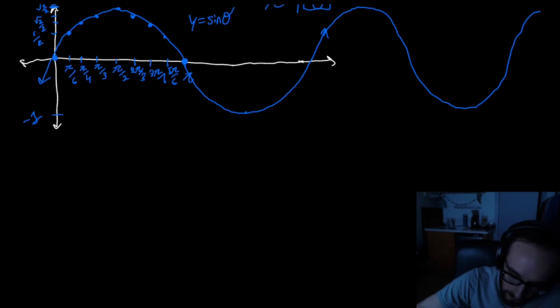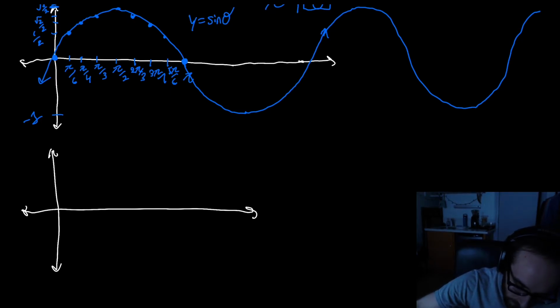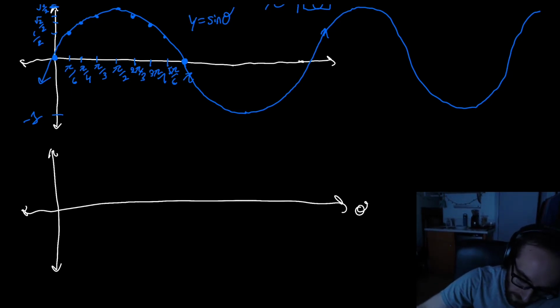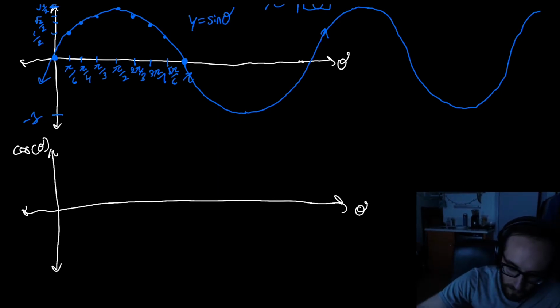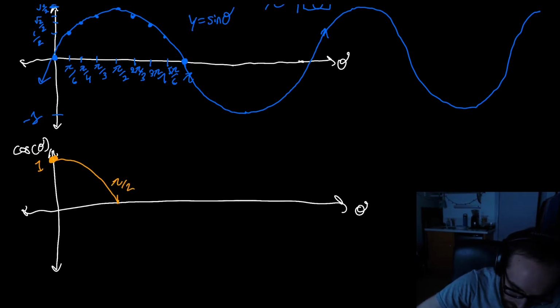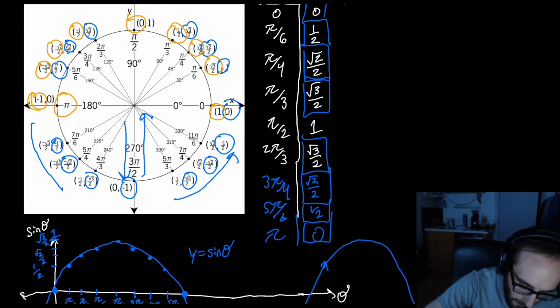So our graph down here, if this is theta, and then our output is cosine of theta, we start at 1, our maximum value, and then we actually start decreasing right away until we get to, at pi over 2, we get to 0. And then we decrease and become more and more negative until we get to -1 once we reach pi.